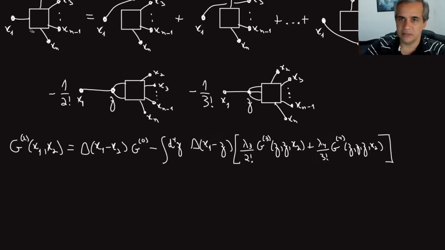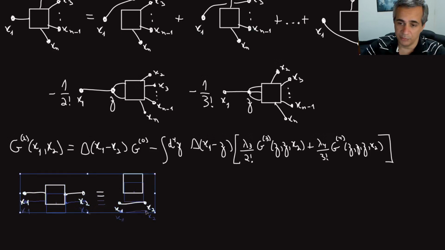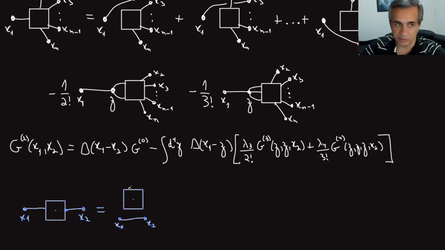Diagrammatically, this relation, x1 to x2 on the left here, is equal to x1 going to x2 times all the vacuum bubbles. Remember we're talking about the full Green functions here, so I still have bubbles, right?